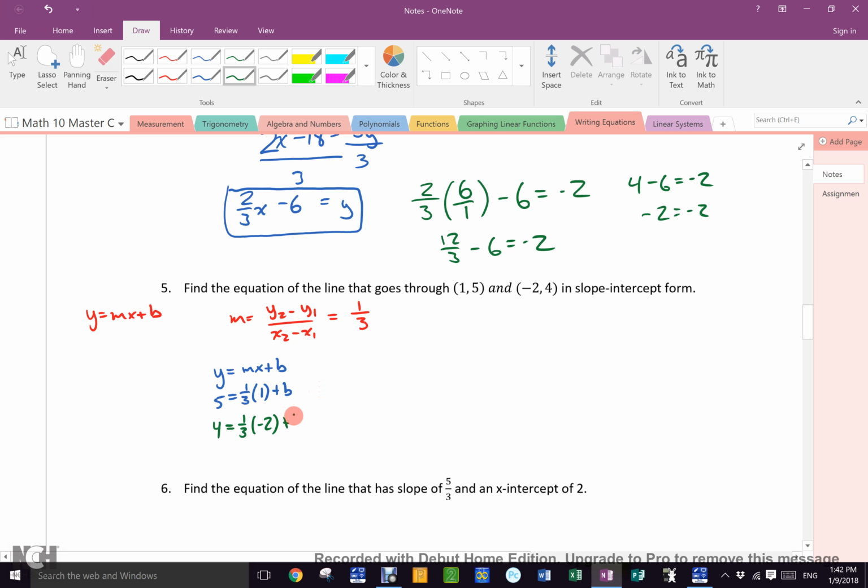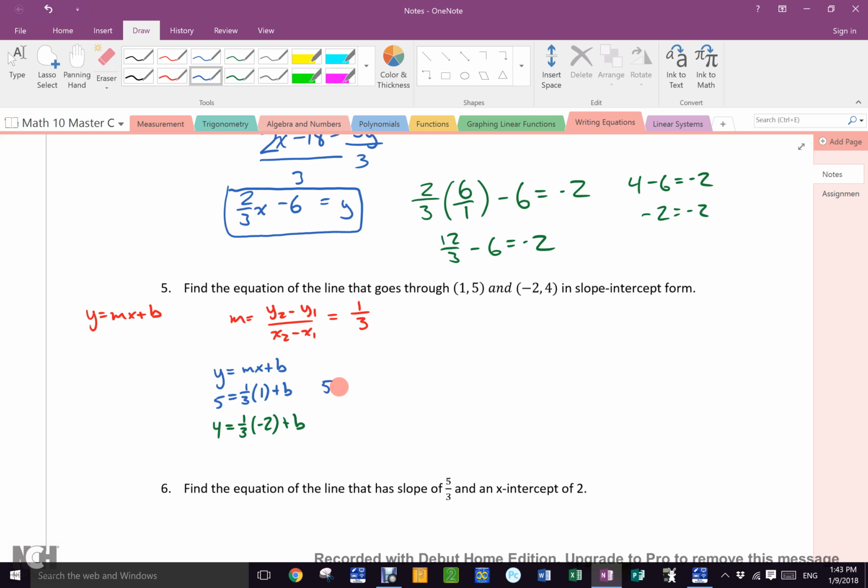By doing what? Good old-fashioned grade 7 algebra, right? What do I do with 1/3 and 1? Multiply. What's 1/3 times 1? 1/3. So in the blue, I've got 5 equals 1/3 plus b. What am I trying to do? Trying to get b by itself. So what do I need to do to that 1/3? I need to bring it over to the other side, right?